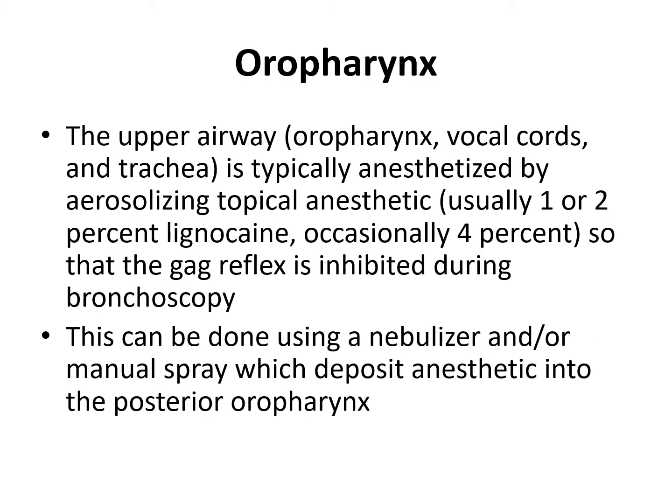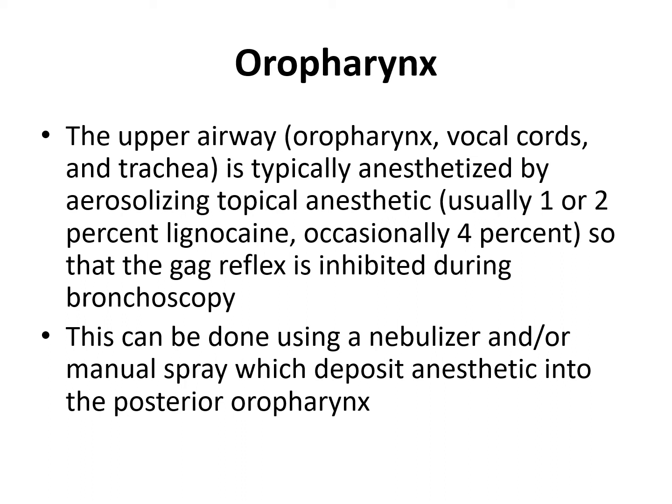So the upper airway, oropharynx, vocal cord and trachea are typically anesthetized by aerosolizing topical anesthetic. Usually 1 or 2% lignocaine, and occasionally 4% lignocaine, is sprayed into the oropharynx so that the gag reflex is inhibited during bronchoscopy.